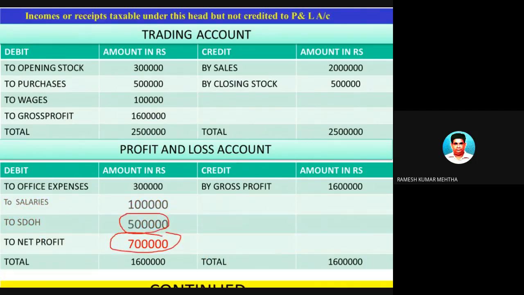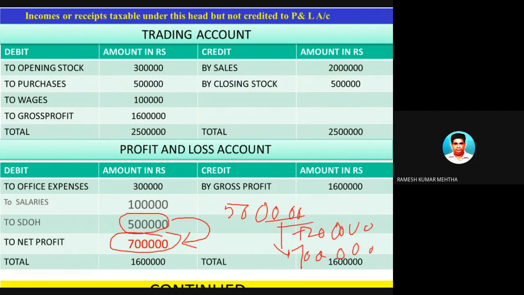So because of this change, what has happened? The profit has increased from 5 lakhs to 7 lakhs, by 2 lakh rupees. So we have to add to the old profit this expenditure, which is in excess of what is allowed, to arrive at the right profit.